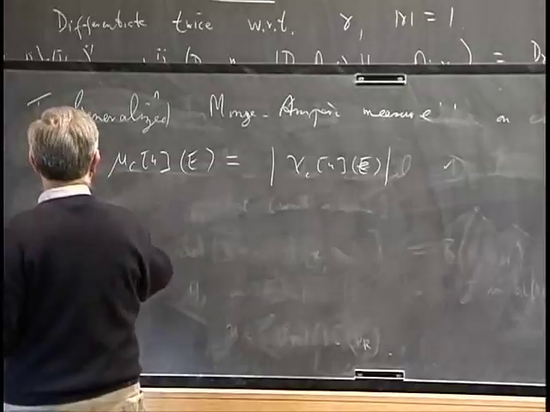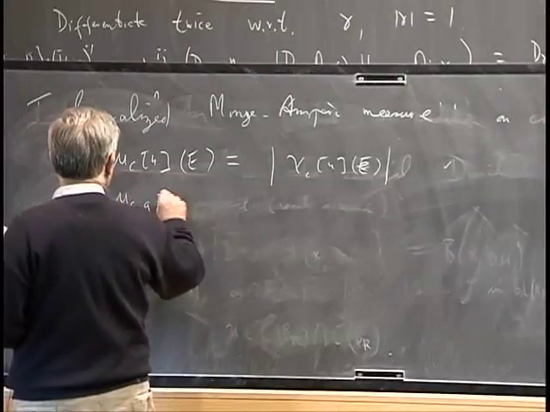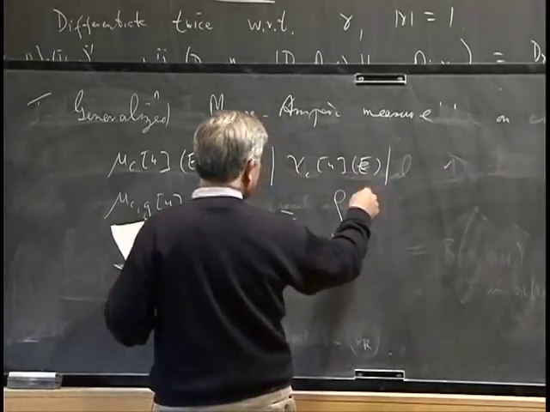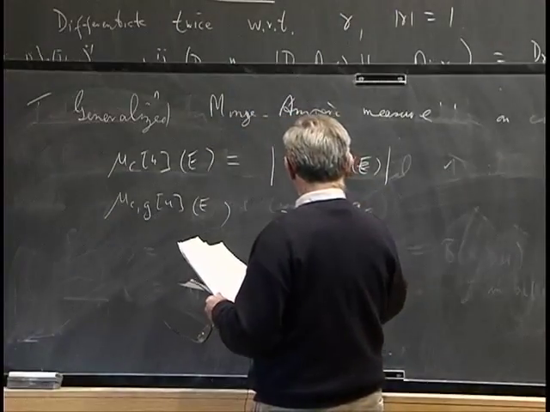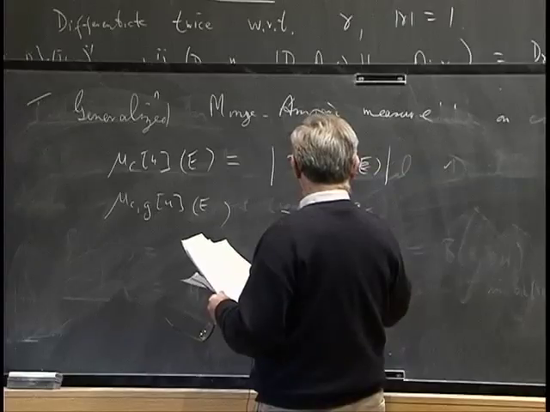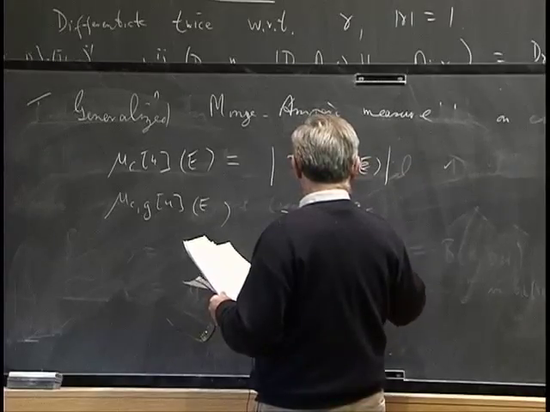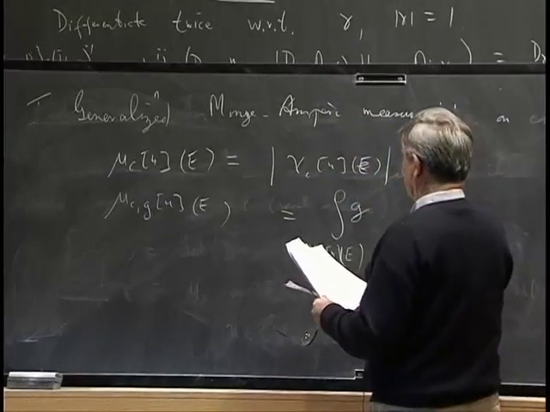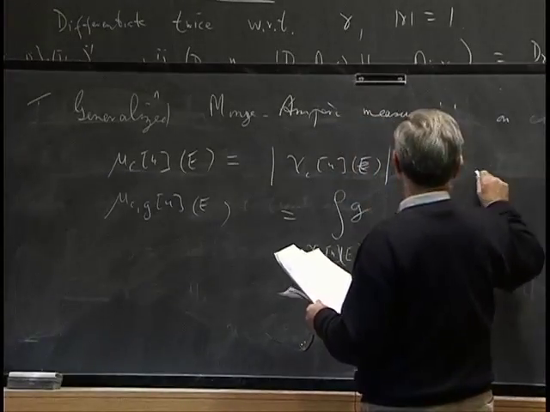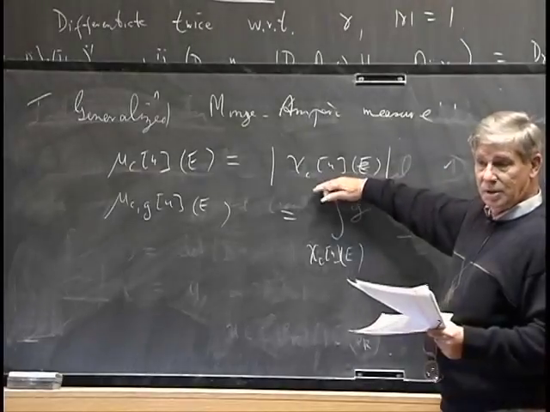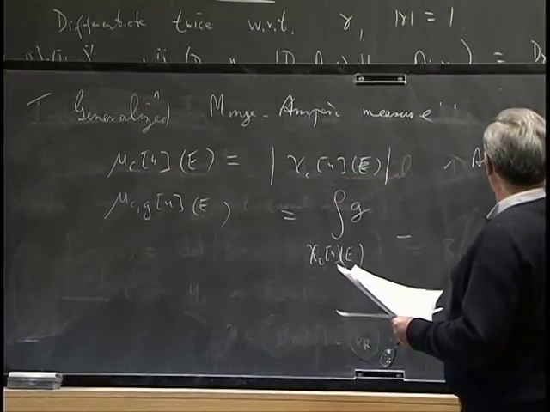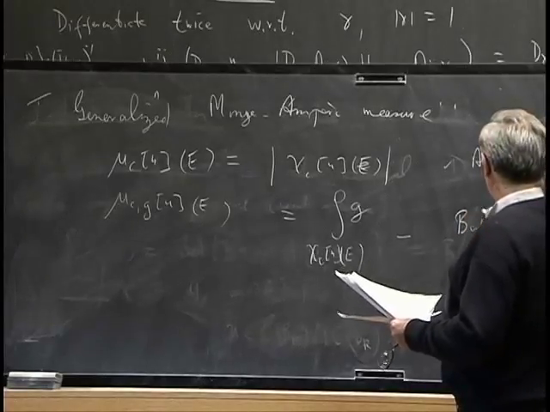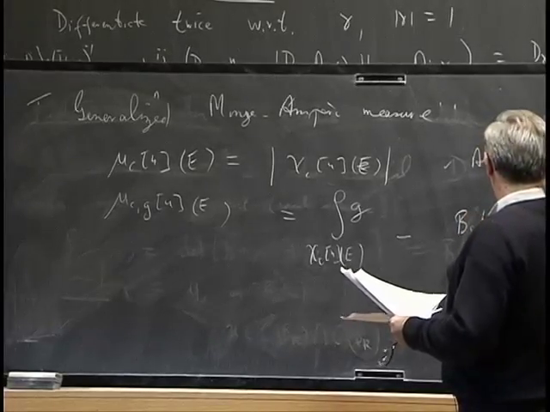We could define mu C g of u on E to be the integral over E of g over chi C u. So this is an extension of the quantity Alexandrov introduced for convex functions. And Backelmann introduced quantities like this and called them R curvatures.